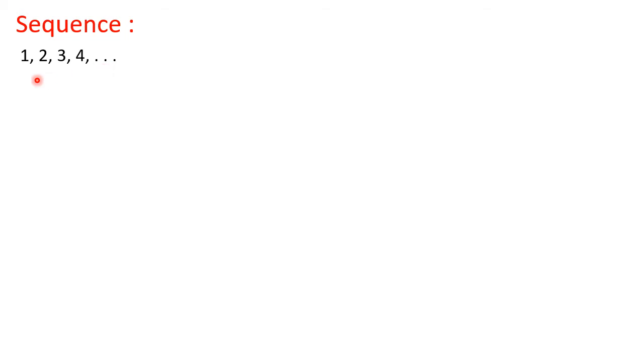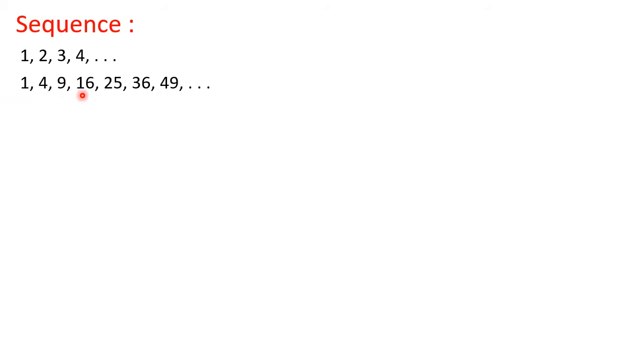So here the numbers are arranged in a definite order, and for the nth number we can say definitely which number is going to be at that place. Like the ninth number is 9, the 13th number is 13. So here in natural numbers we know all the numbers, and we know that they are given in definite order.